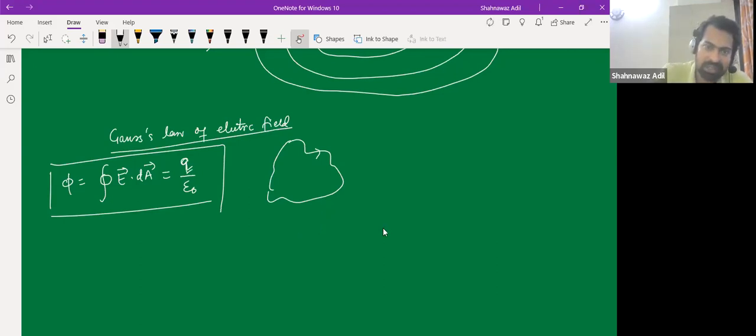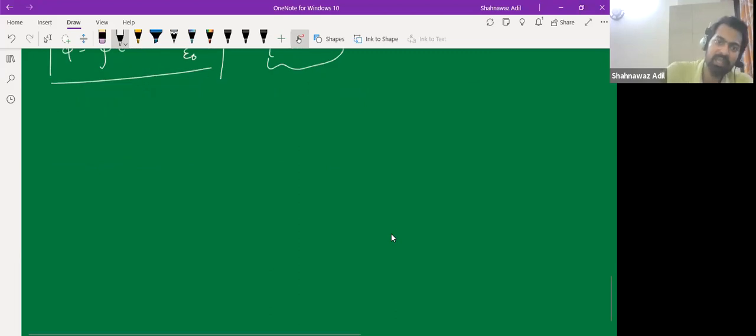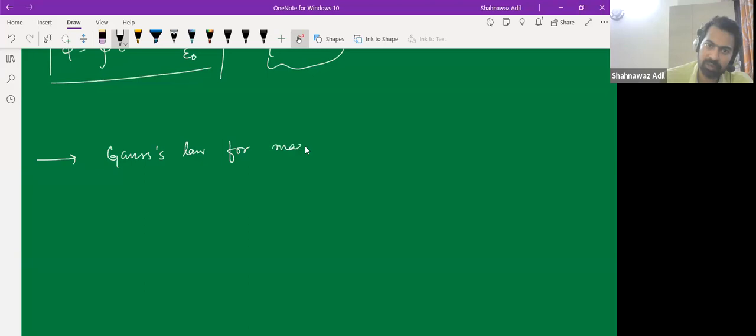But in the case of magnetic flux, this is Gauss law for magnetic flux, right?